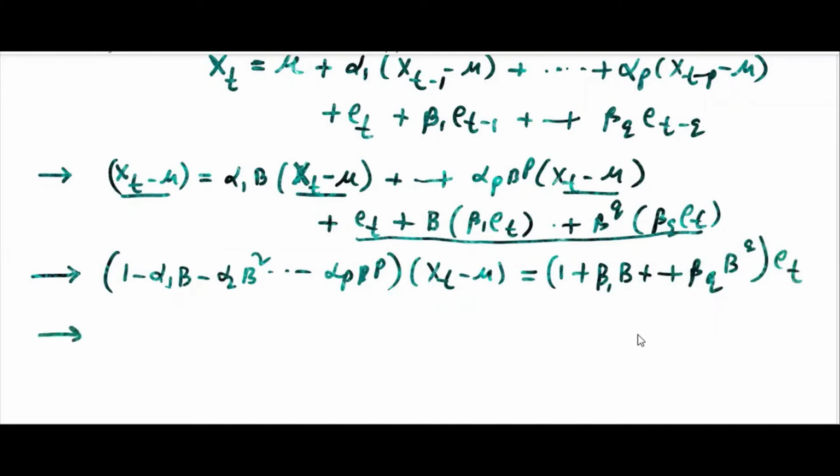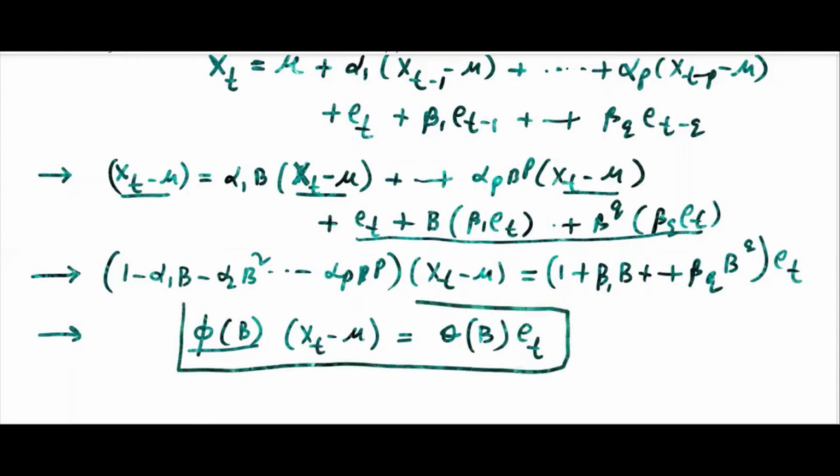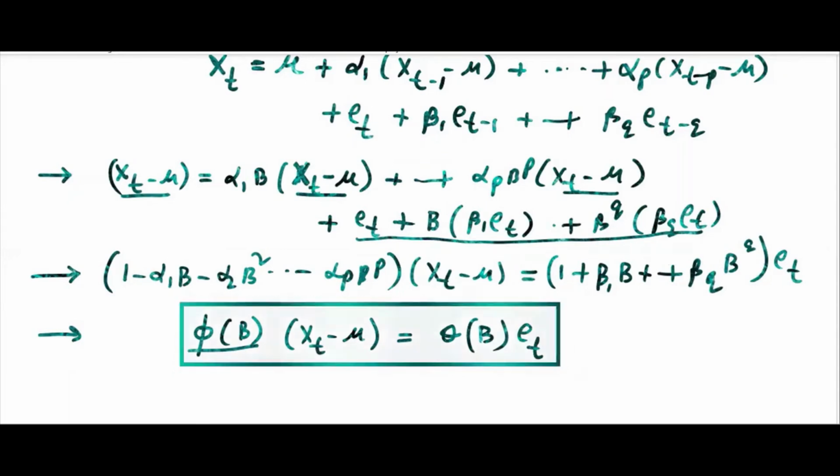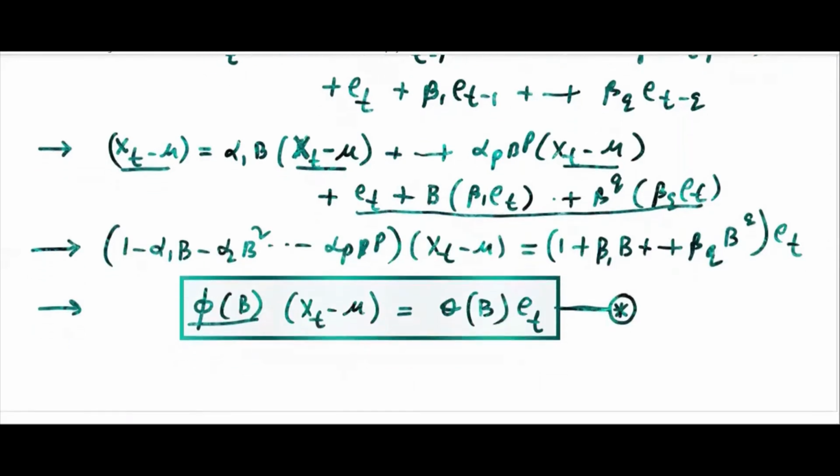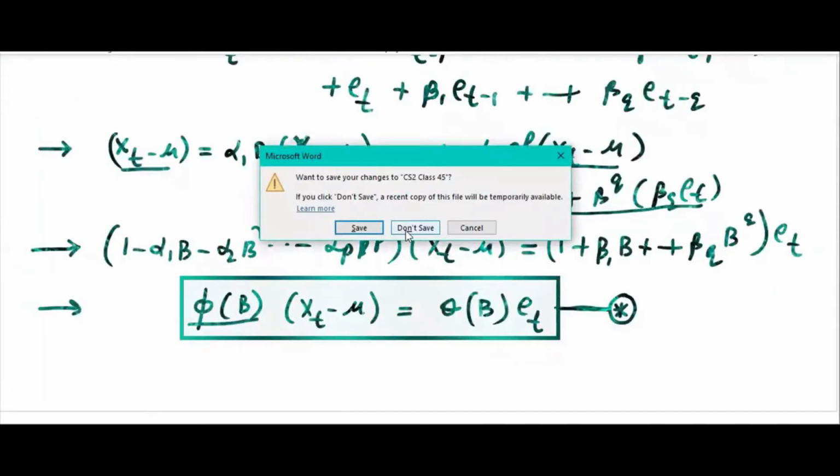Then I can write this as phi(B) (Xt minus mu) equals another function, theta(B) et. This one you need to remember, this is the general process. Sometimes you get questions directly like this. Although students know how to solve a problem, seeing this, sometimes they leave the question. So you have to remember the general process as well, but we'll not spend a lot of time here. Let's continue with the MA(1) process we started last time.